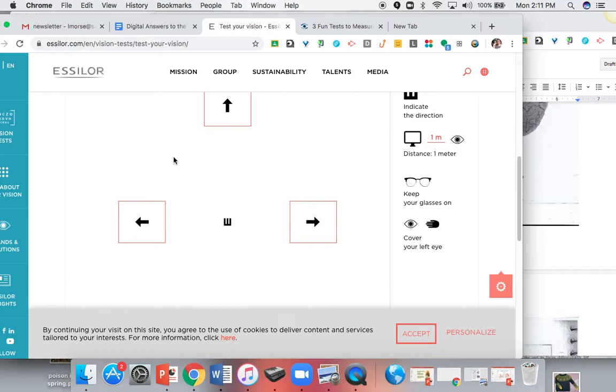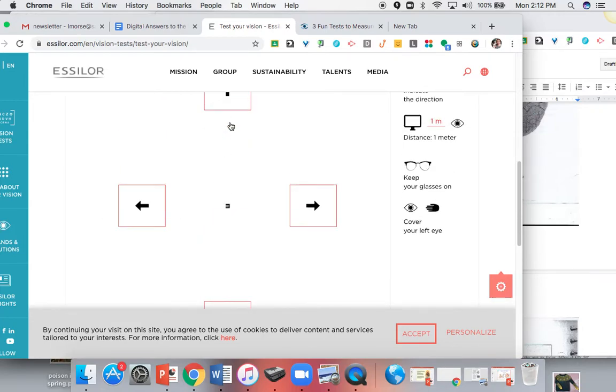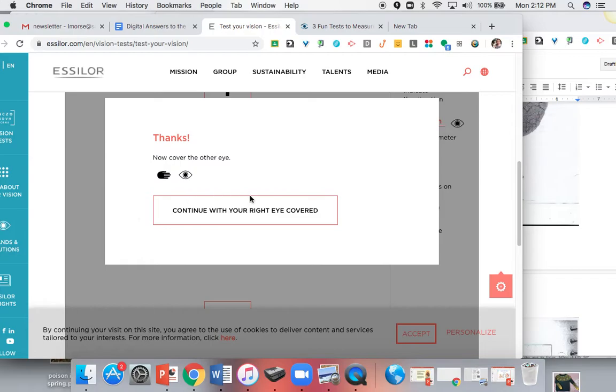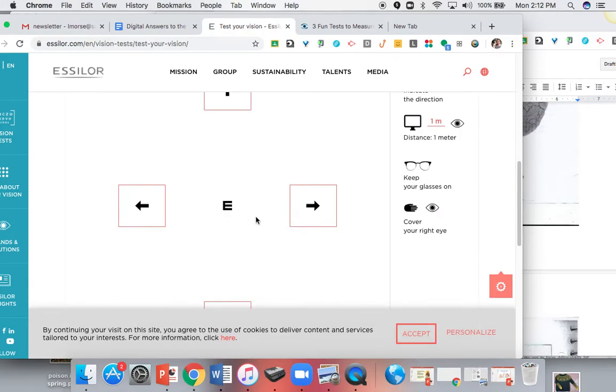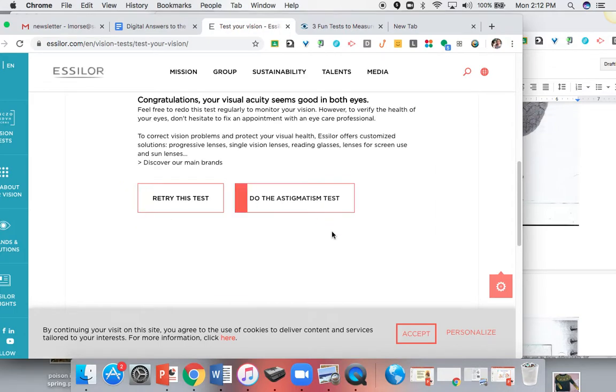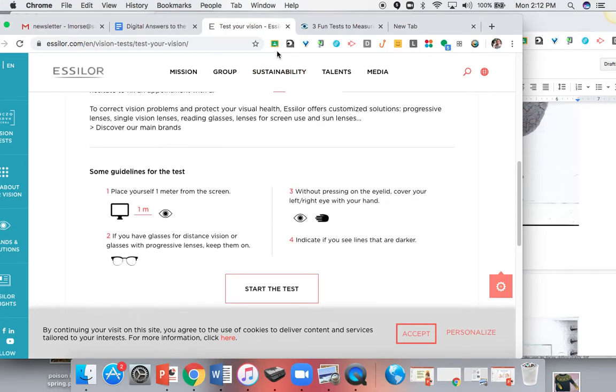And as you go, the E's get smaller, and you point which way they go. If you can't see it, you say you don't know, or you guess. And then you continue with your right eye covered. Oh, that was supposed to be the left eye. And you keep doing it. This one's good because if you keep going, you can do the astigmatism testing, which is the next activity. So when you get here, do the astigmatism test.